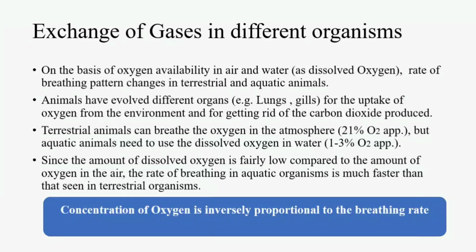Since the amount of dissolved oxygen is fairly low compared to the amount of oxygen present in air, the rate of breathing in aquatic organisms is much faster than that observed in terrestrial organisms. From this, we can conclude that the concentration of oxygen is inversely proportional to the breathing rate.